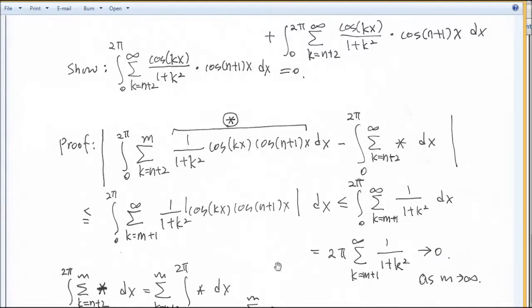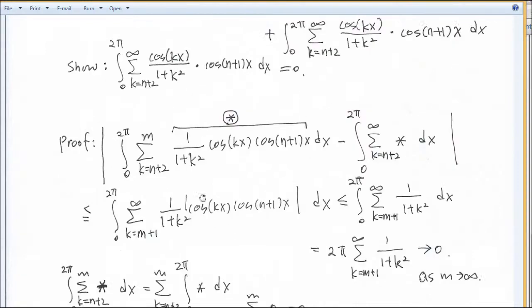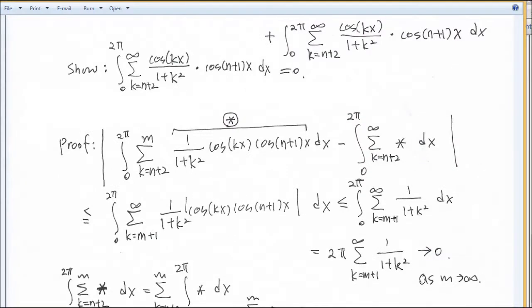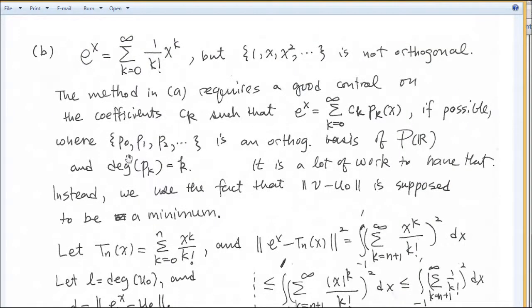It has a lot to do with how the coefficient behaves right here. Very specific information is used, right? Not all functions have these Fourier expansions. That's why, if you don't know how this function behaves with the orthonormal basis you choose, or how the coefficients behave, it's very difficult to apply that technique.